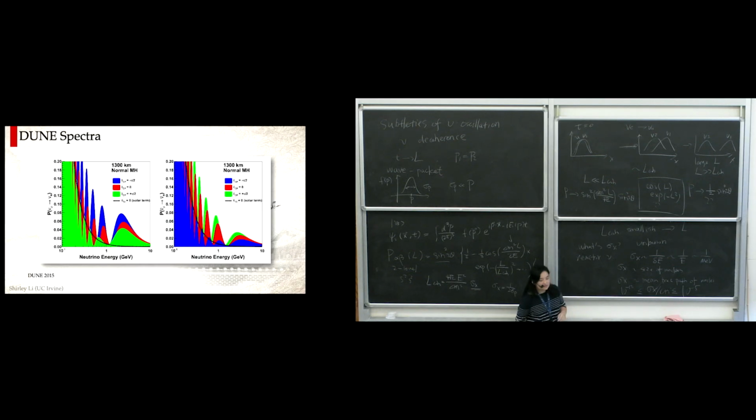And there's actually some other recent experiment that they set out to look at. It's not an oscillation experiment. It's a basic experiment where they try to set a bound on the sigma x of neutrinos.